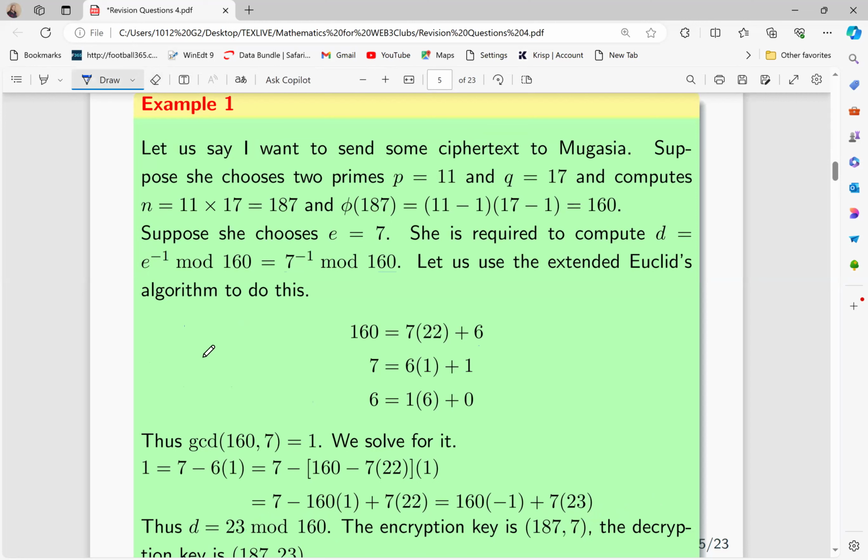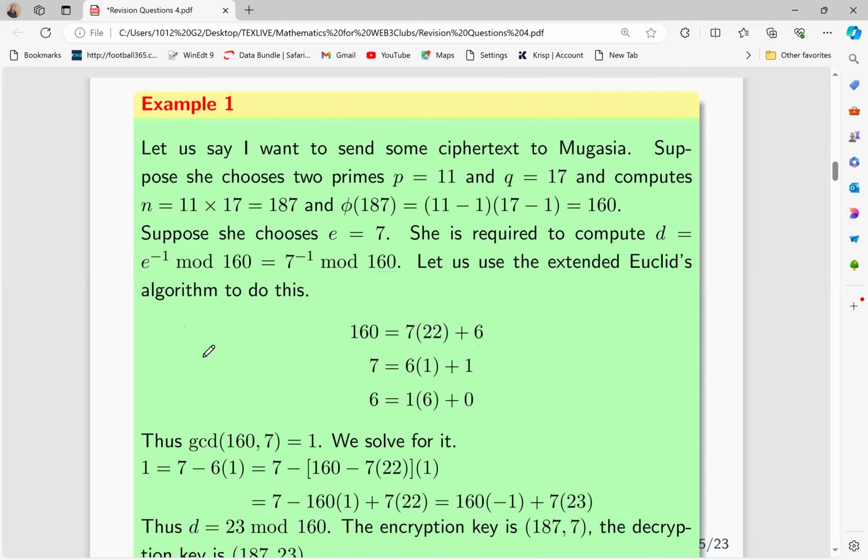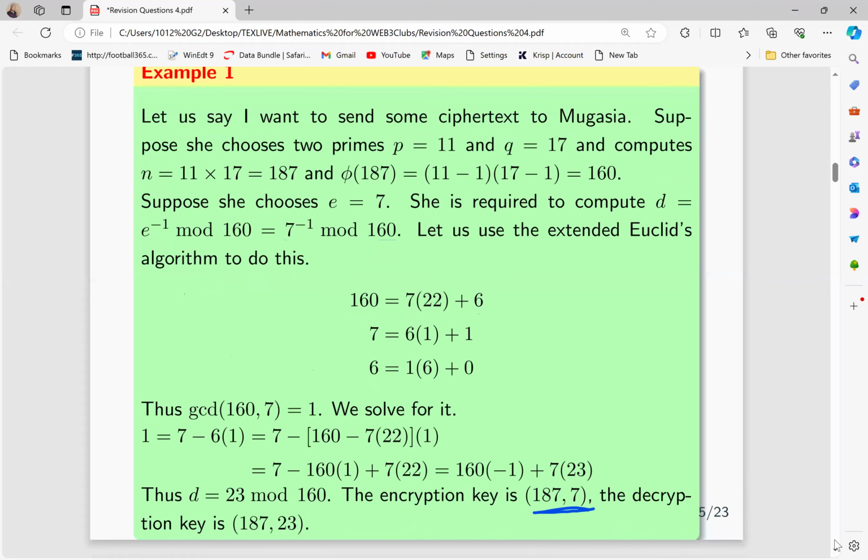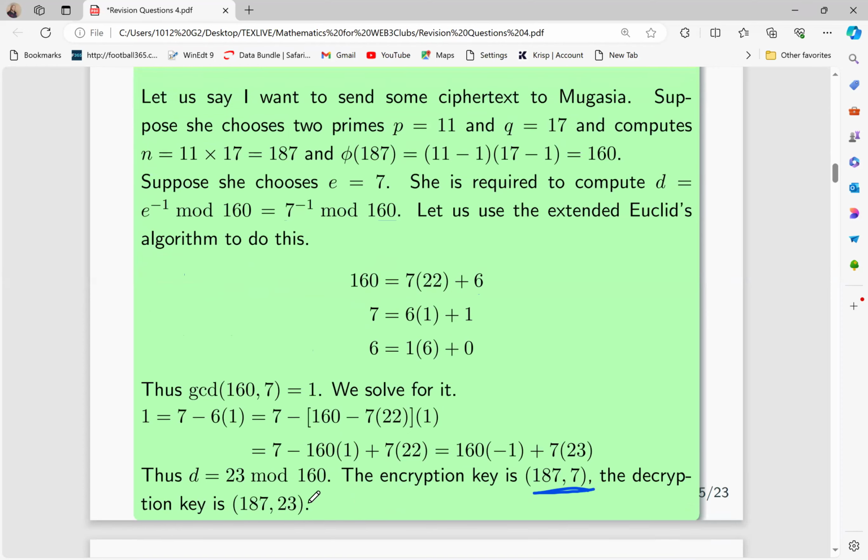The encryption key is what was made public. Is that okay? What was made public, the first thing was 187, and the second thing that was made public was E, which is 7. So that means our encryption key is this, and the decryption key is this.